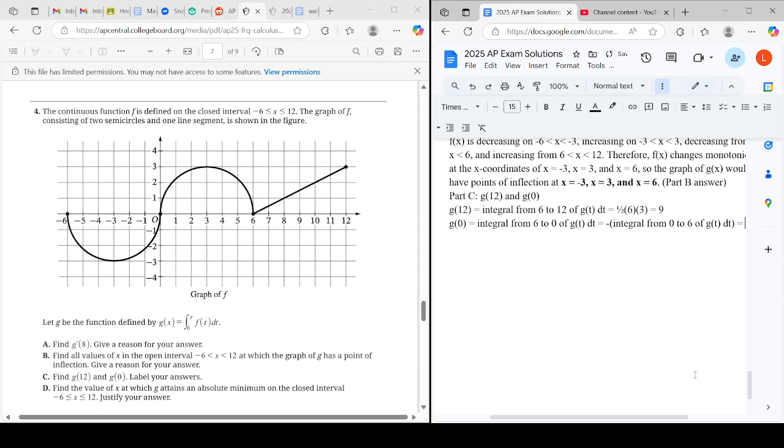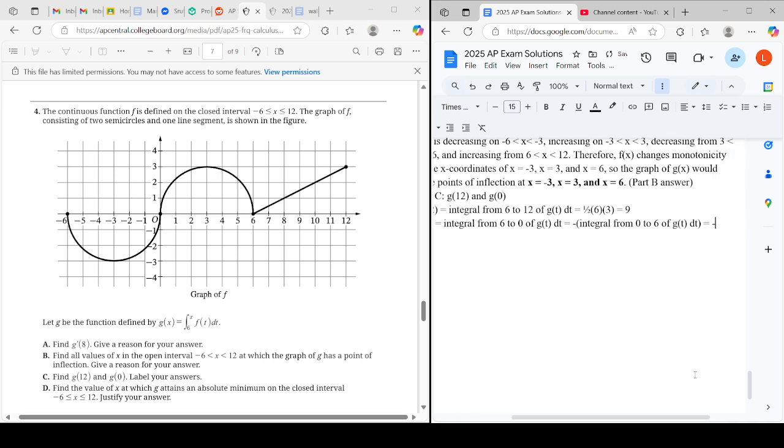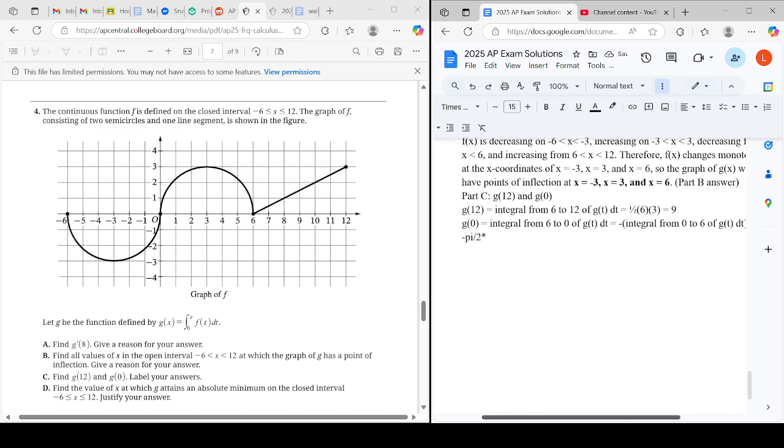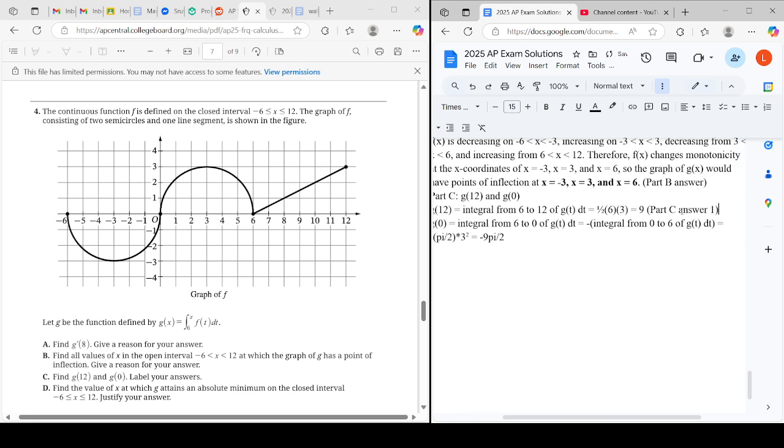This would equal negative 1/2 pi, it's a semicircle, in parentheses just to be clear, times 3 squared, equals negative 9 pi over 2. And let's label them as part C answers.